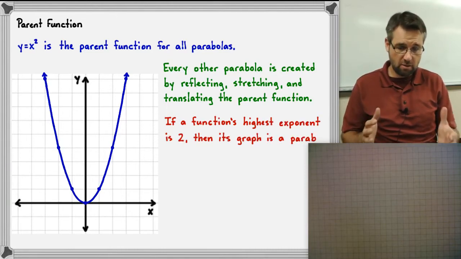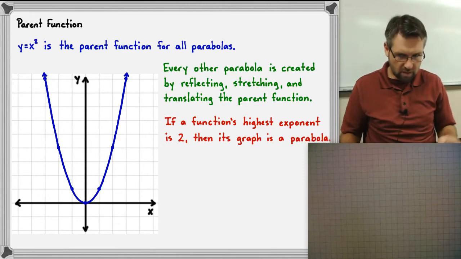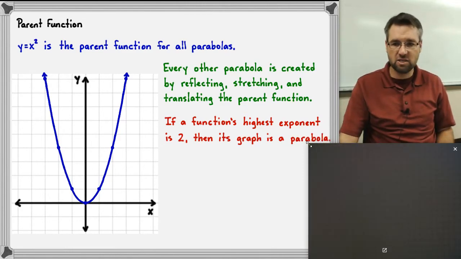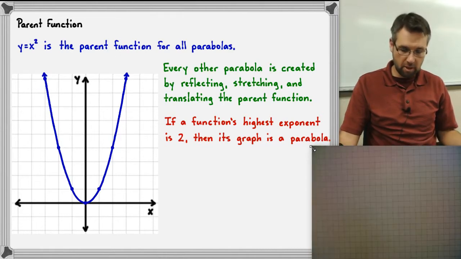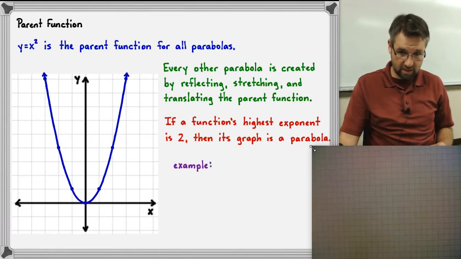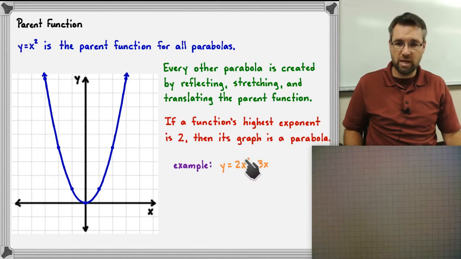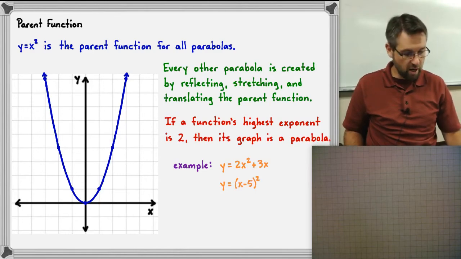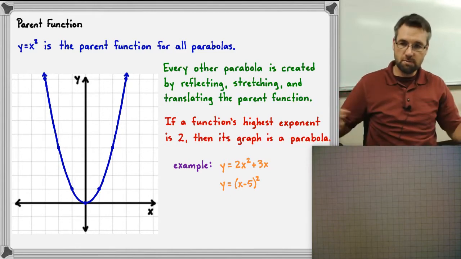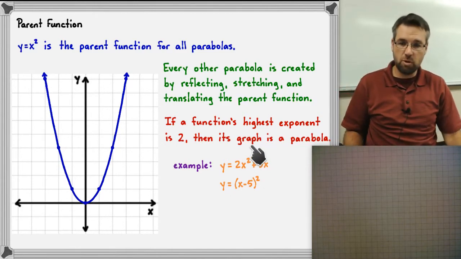And we've talked about, I don't know if we talked about this, maybe we haven't. If the function's highest exponent is a 2, then the graph is a parabola, okay? So here's an example of that. If I say y equals 2x squared, we can see that the highest exponent is a 2. If the highest exponent is a 2, then it's a parabola. y equals (x minus 5) squared. Well, if I expand that out, (x minus 5) times (x minus 5), and then multiply all that out, the highest exponent would still be 2.